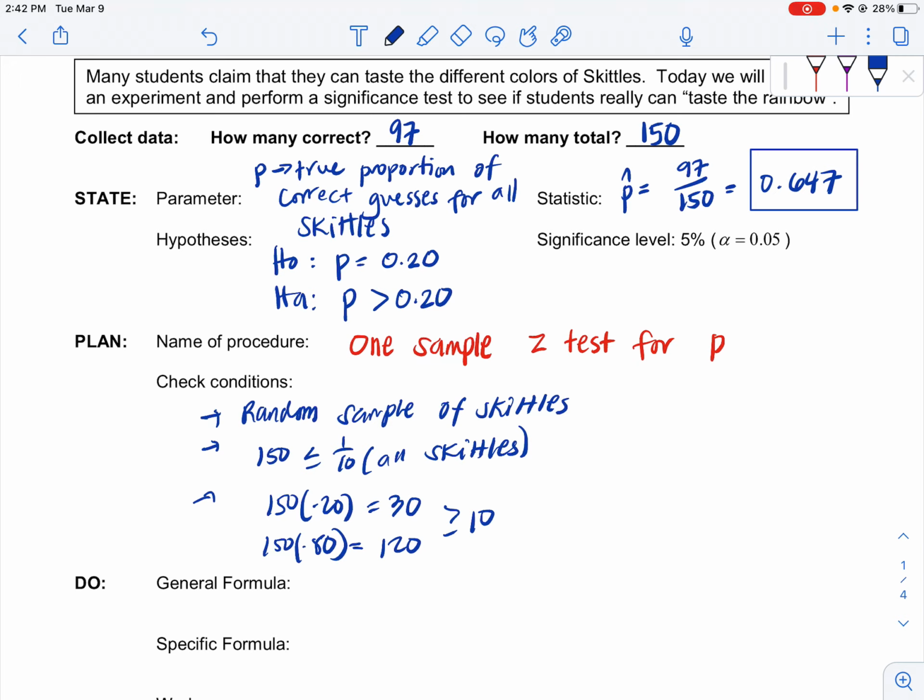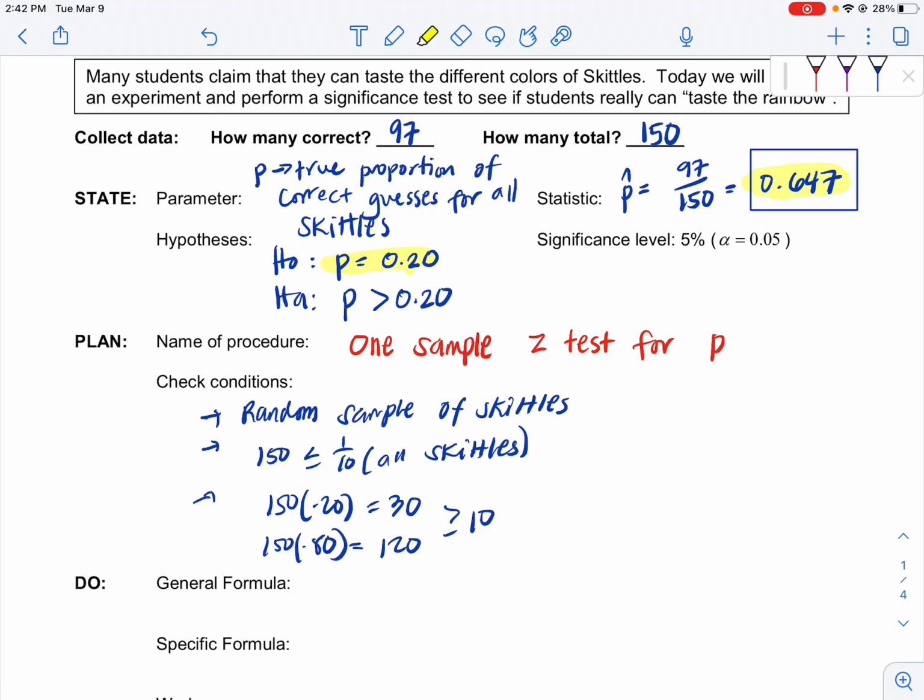I want to make sure that you guys understand the difference here. We have 2 p's in here. I have p equals 0.20 and I also have p hat equals 0.647. For checking the large count condition, we don't use the p hat, we don't use the sample proportion.